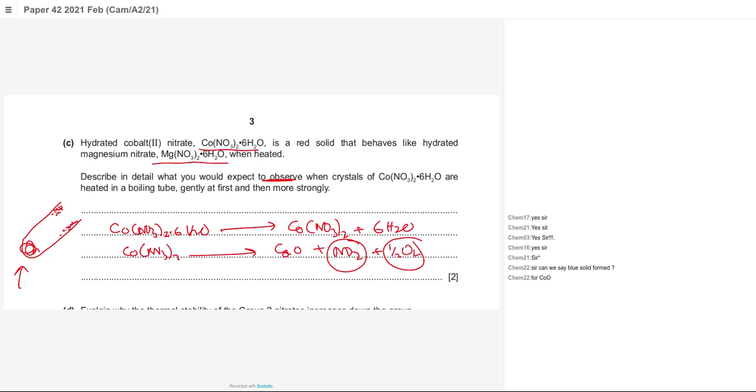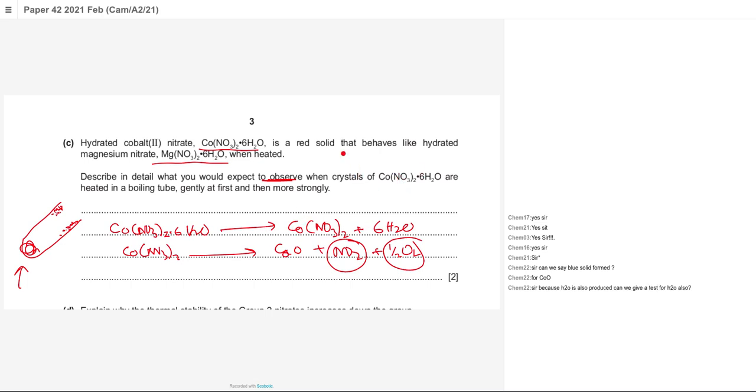It is actually a blue color, sometimes seen as a gray solid, sometimes as a blue solid, sometimes a greenish gray. It depends. So it's a little difficult for us to say the color of the cobalt oxide, so don't comment on it.